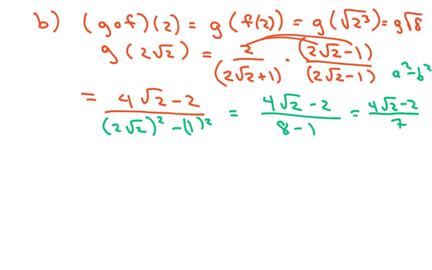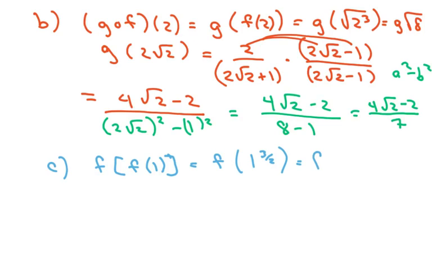Okay, and the next one is C, which is f of f of 1, which equals f of 1 to the 3/2, which just equals f of 1, which equals 1 to the 3/2, which just equals 1.